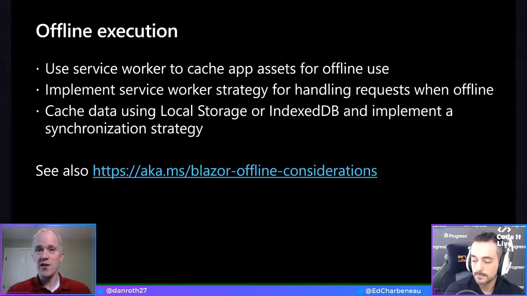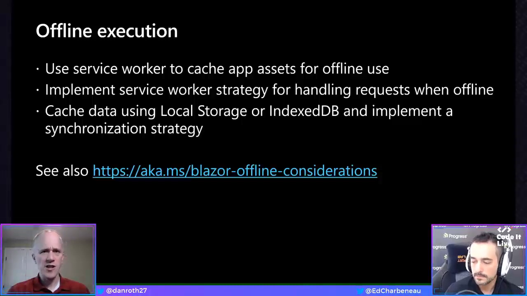So let's talk now about the second feature, which is offline execution, which I think a lot of these questions are related to. Service workers can cache the app assets for offline use, and you typically need to pick what strategy you want to use for that. There's a number of different strategies. Like you could try to detect if the app is online or not, and use the cached versions if you're not, and go online if you are.